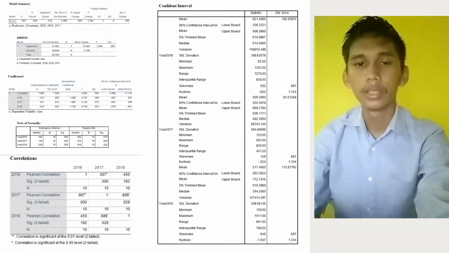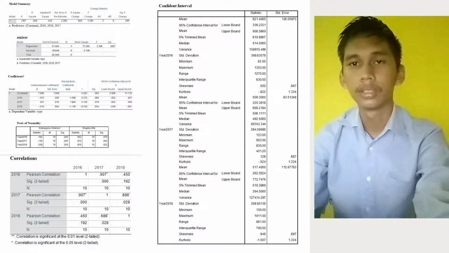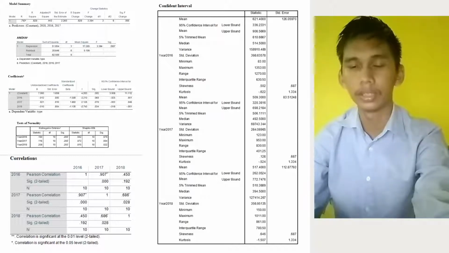Lastly, I will present about analysis and interpretation of data. For the model summary, R square is 0.629, which means 62.9% of variation in the population can be explained by the total number of car sales in 2016, 2017 and 2018.